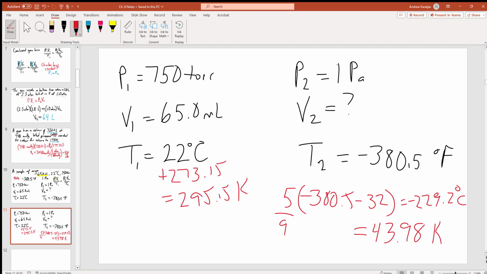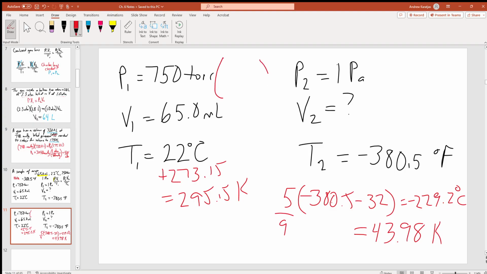We also need to do a pressure conversion. We have pascals on one side, torr on the other side. Unless you like working with a lot of decimal places, it's going to be easier to go from torr to pascal.